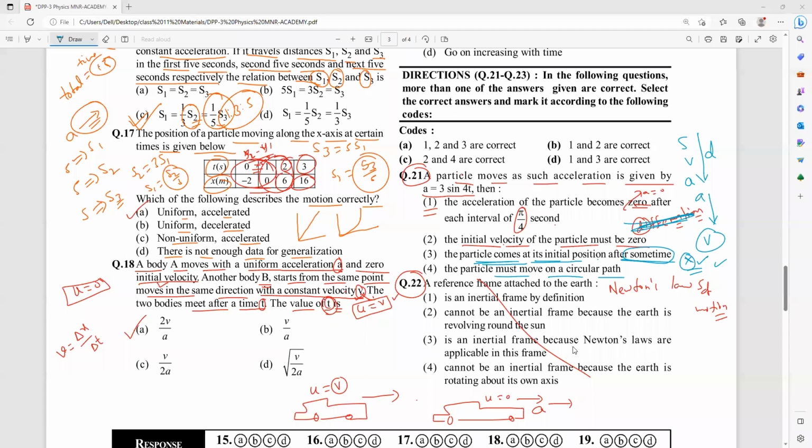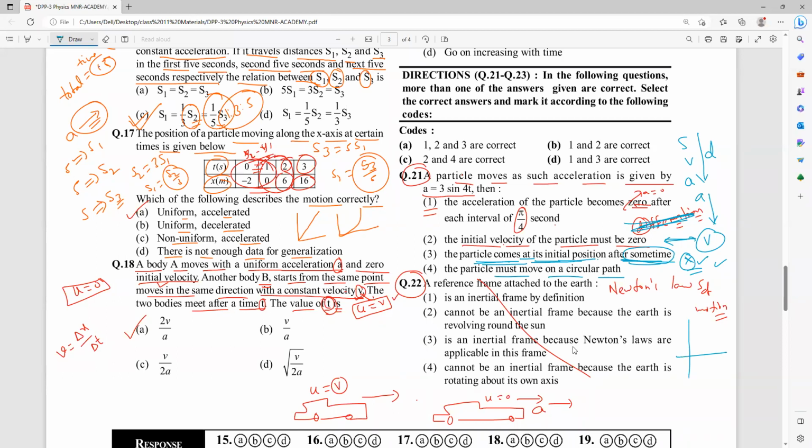Verify option 3. The particle comes to its initial position after a certain time. Initial position means what? It is going and it is coming back. Is it right or wrong? It is a sine function. Sine function means it will come to rest or not.